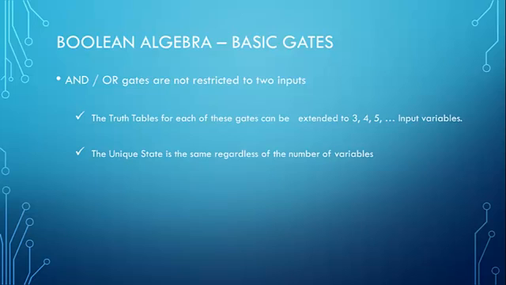It doesn't matter how many inputs, all the inputs have to be a 1 for an AND gate to output a 1. Otherwise, if any of our inputs are 0, the AND gate will output a 0. Similarly for our OR gate, if anything is a 1, we'll get a 1 out. If everything is a 0, we'll get a 0 out. The unique state remains the same regardless of the number of variables.